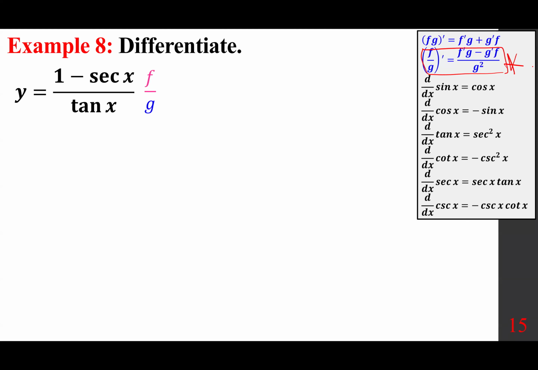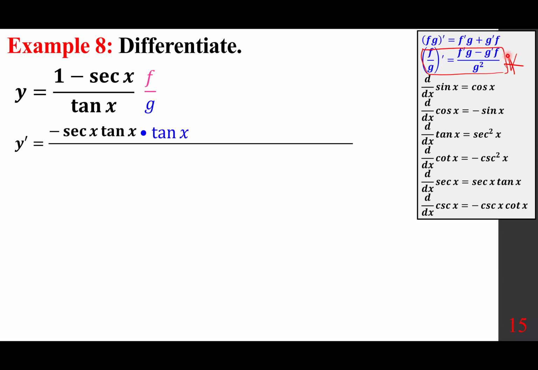All right, so we need f prime. The numerator 1 gives you 0 minus, you keep the negative sign. Secant gives you secant x tan x. So minus secant x tan x times g, which is tan x.